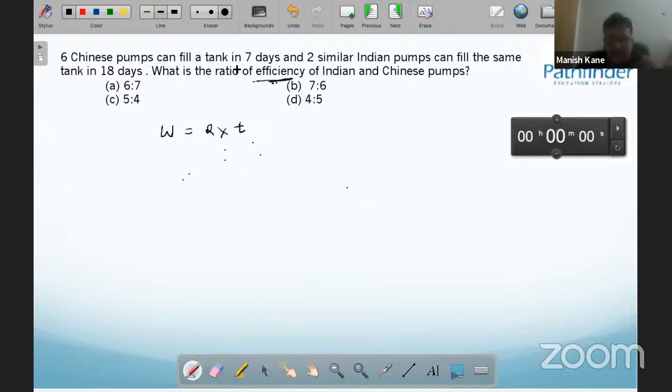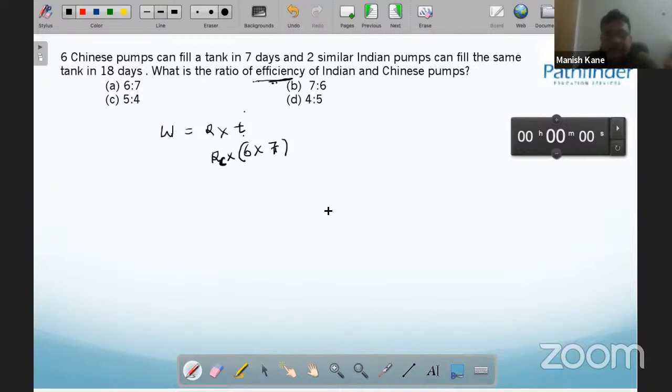Now, there are 6 Chinese pumps operational for 7 days. Since each Chinese pump is operational for 7 days, we can say that the Chinese pumps are operational for 6 into 7 equivalent days, multiplied by the rate of the Chinese pumps, RC.